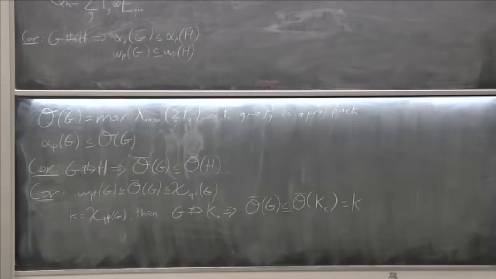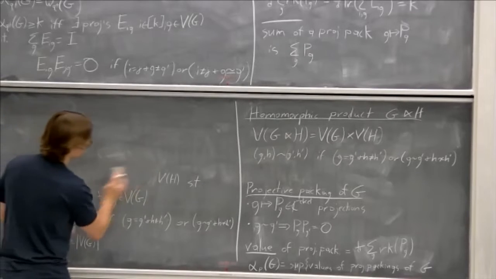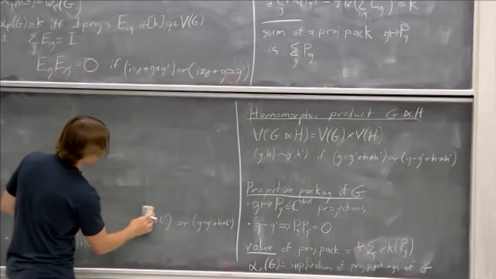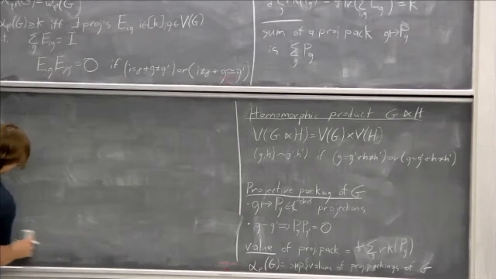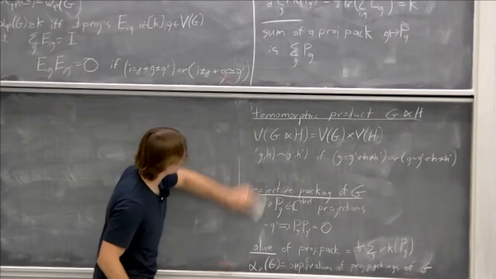Maybe I'll also mention that another bound on this projective packing number is the inertia bound. I don't know how many people are familiar with the inertia bound from algebraic graph theory.